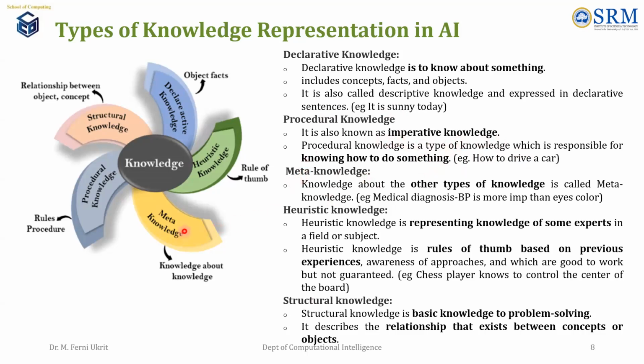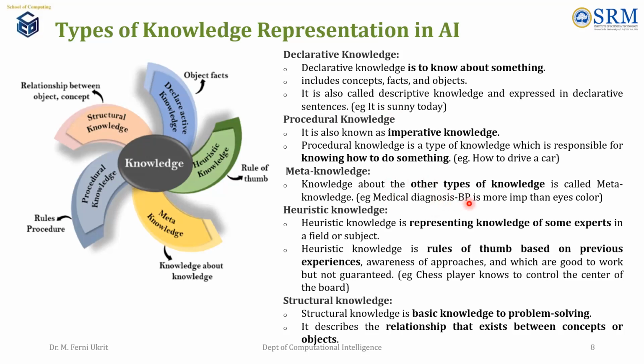Next is meta knowledge. Meta knowledge is not very deep about a particular domain, but some knowledge about the domain. Take medical diagnosis. If you go for fever, they take the temperature, the pressure, weight, height, etc. The weight does not relate to fever, but the temperature is the main thing which needs to be checked for the fever category.